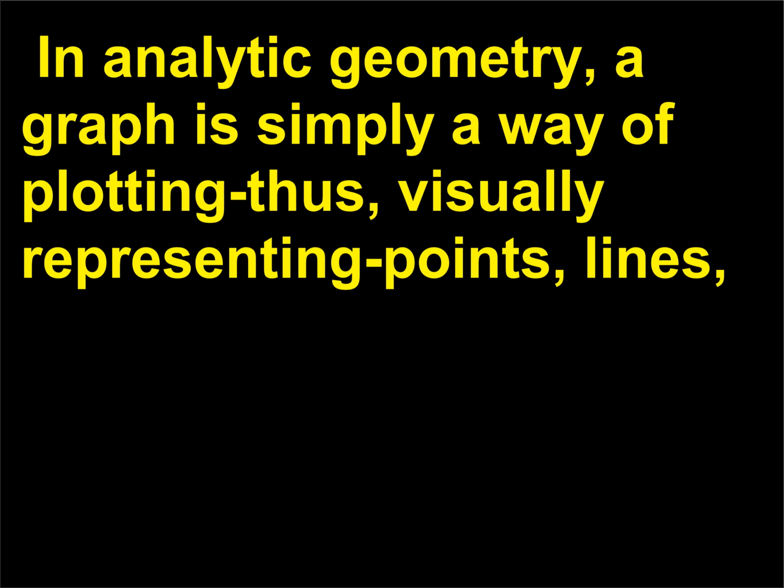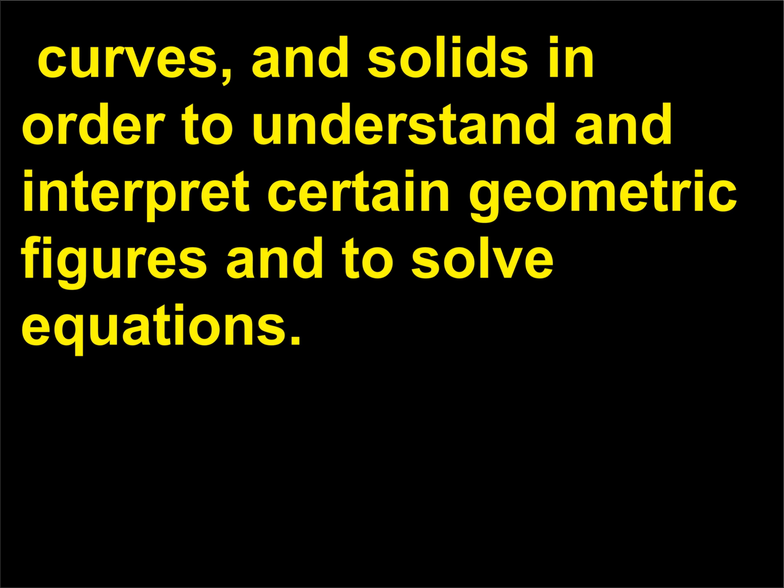In analytic geometry, a graph is simply a way of plotting, thus visually representing points, lines, curves, and solids in order to understand and interpret certain geometric figures and to solve equations.